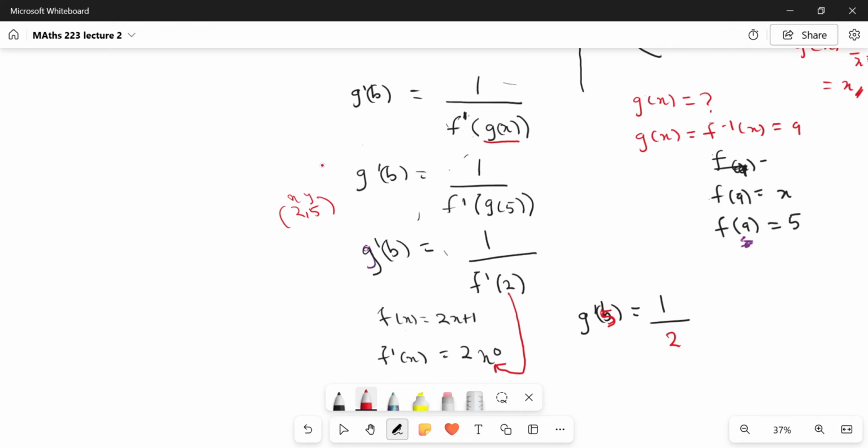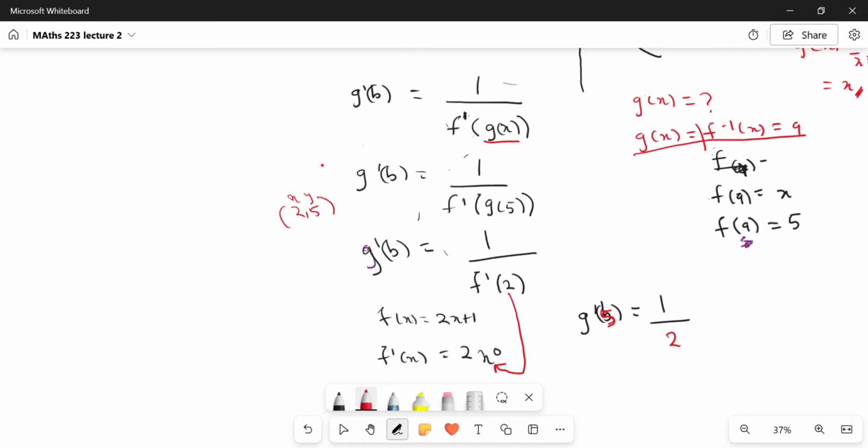Now we have to find g of 5. We know that g is the inverse of f. That's why we got this relation. We let this be equal to a. From the relation we saw in the previous video, if the inverse of f is equal to a particular variable a, we can take off the inverse and make the swapping.